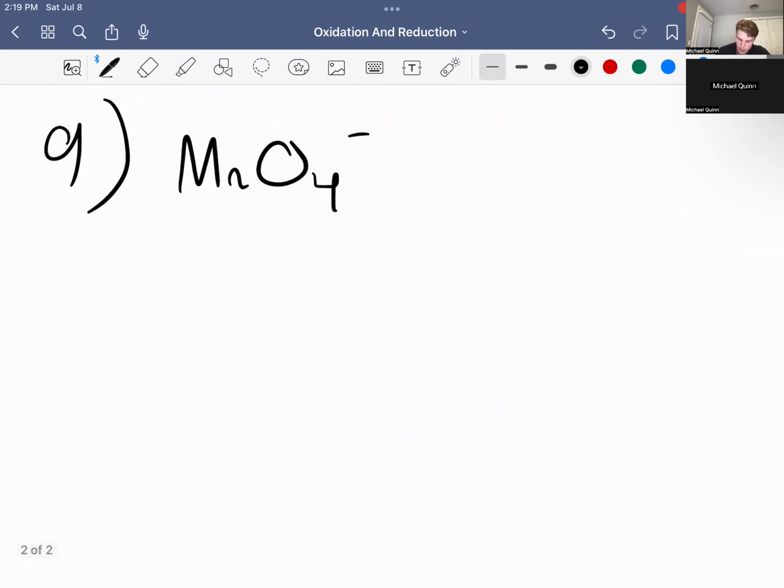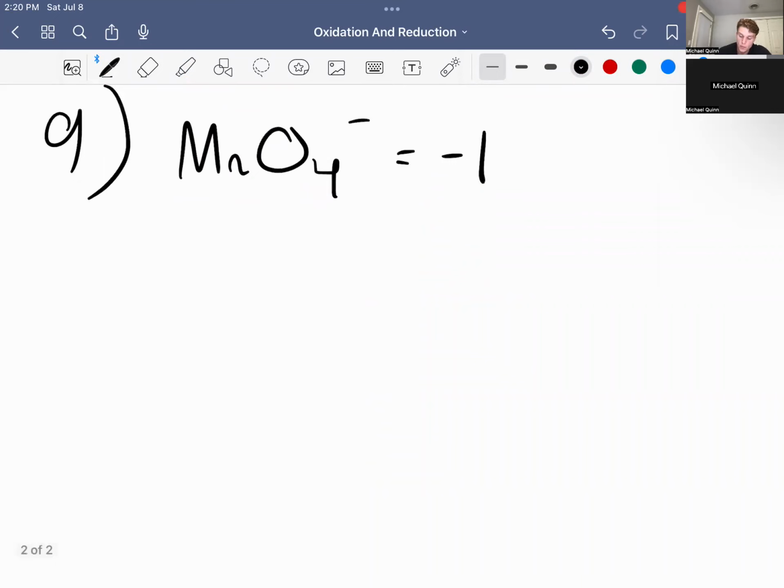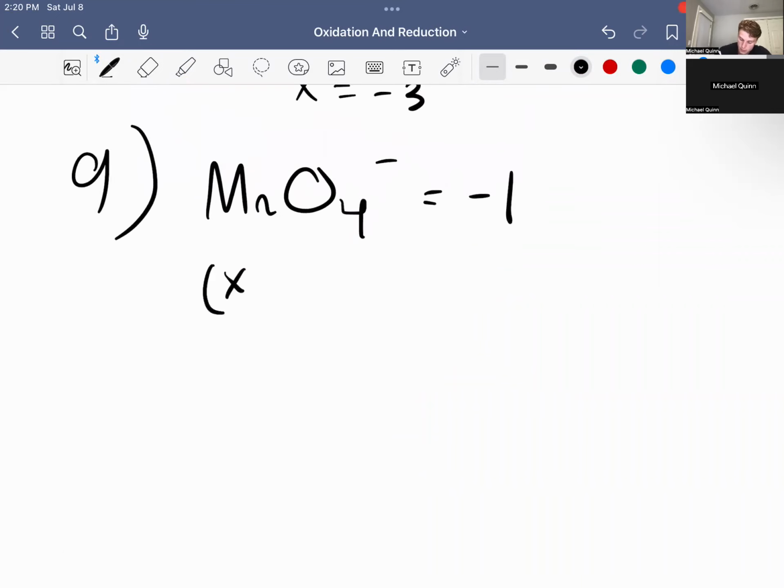Number 9, MnO4 minus. Mn has not popped up on our rules yet, but we know that we need to set this equal to minus 1. So X plus, there are 4 oxygens, times each one having an oxidation state of minus 2, equals minus 1.